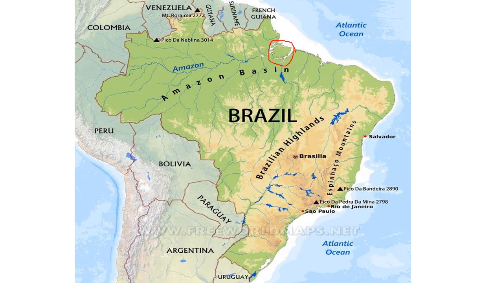Very north, we find the Guiana Highland. We will see that in detail afterwards. In the center part, we have tropical grasslands. In the grassland, we have the river Paraguay and the river Parana and the tributaries.